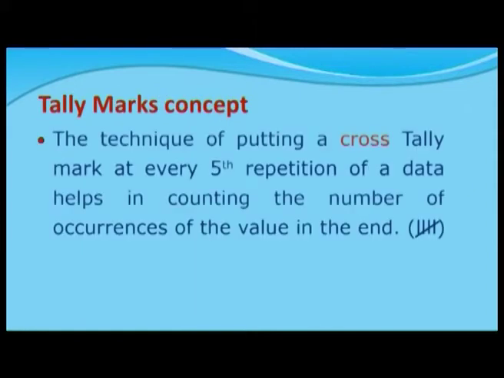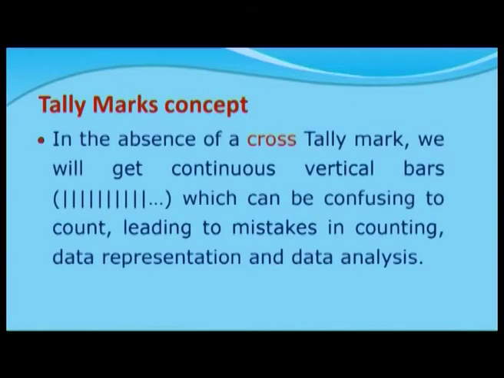The technique of putting a cross tally mark at every fifth repetition of a data helps in counting the number of occurrences of the value in the end. In the absence of a cross tally mark, we will get continuous vertical bars, which can be confusing to count, leading to mistakes in counting, data representation and data analysis.